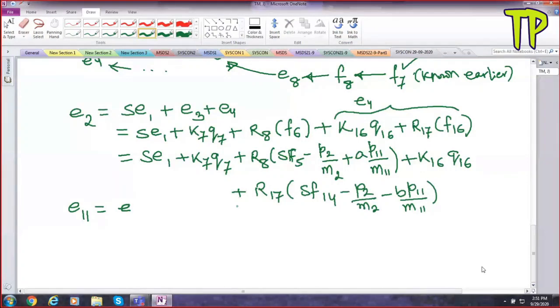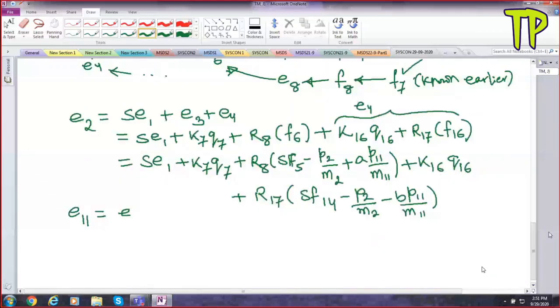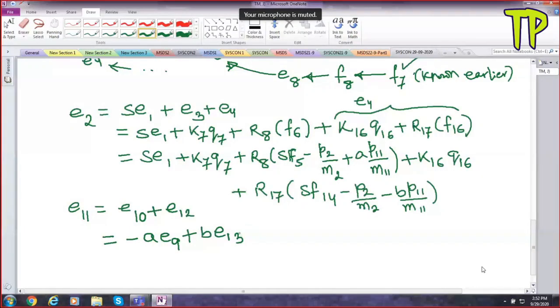Then what plus what? Okay. Minus A times E9 plus B times E13, and this is basically minus A times E, whatever 6 or something was there.